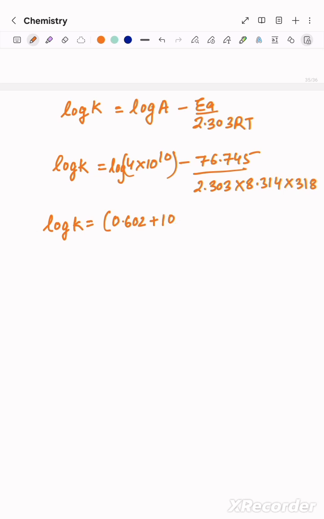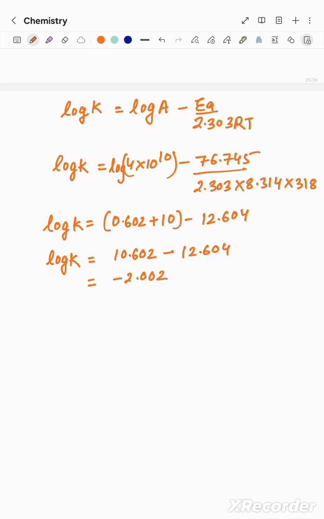We can write this as 10, because log 10 value is 1. Minus, after calculating, this will become 12.604. So log K value is 10.602 minus 12.604, that will become equal to minus 2.002.